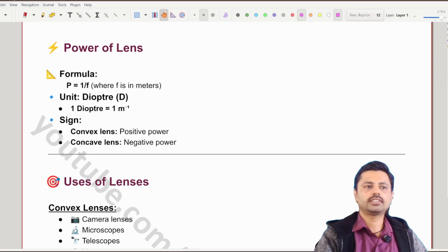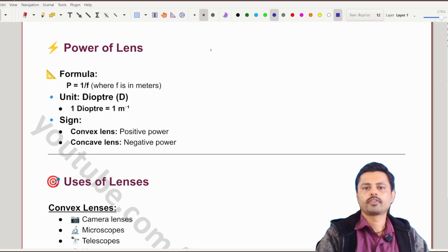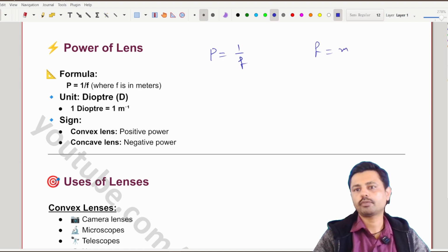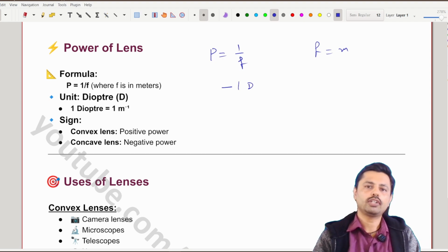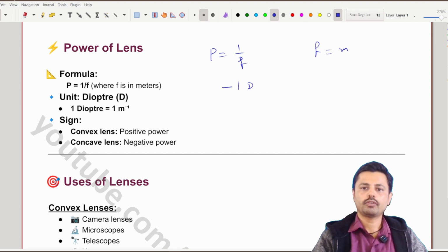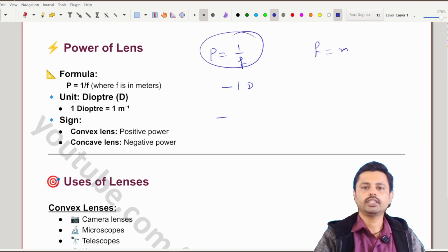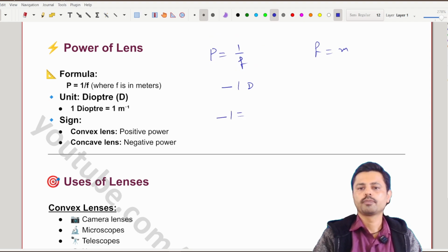Now power of lens is very simple, P equal to 1 by f, that's it. Now keep in mind f should be in meters. So let's say someone's specs got minus 1 D, and now let's find which glass that is. For minus 1 D, let's put the value in this formula, minus 1 equal to 1 by f.